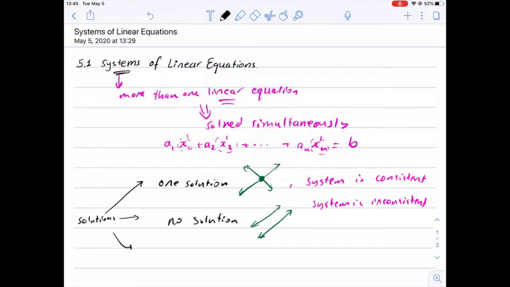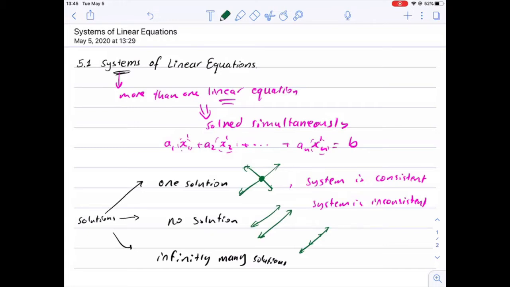The third case is that we have infinitely many solutions, and that happens if the two equations agree at all points. So the two lines, for example, coincide.